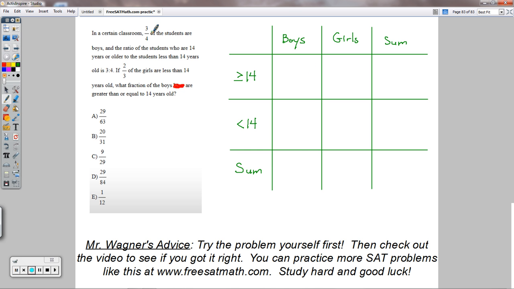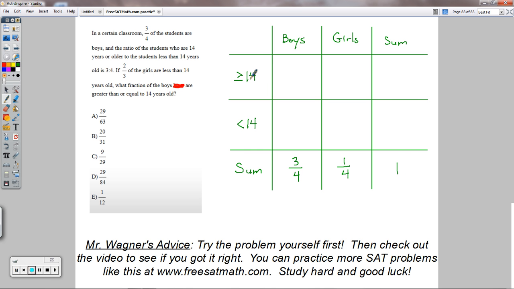So let's fill in these blanks with some things that we know. We know 3/4 of the students are boys. So the sum of the boys in terms of a fraction of the whole class would be 3/4, meaning the girls would be the other portion of the class, the 1/4. Putting them together gives me the whole class, gives me 1.